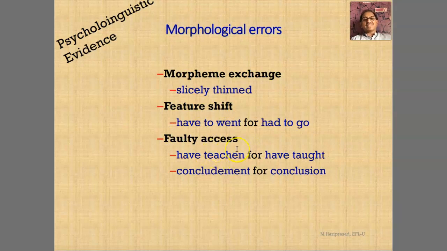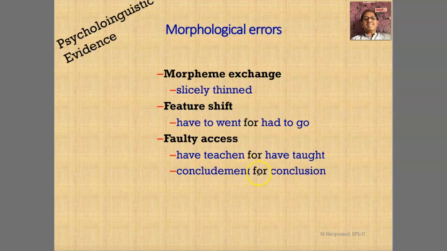Or faulty access. Instead of saying have taught, have teaching. And instead of saying conclusion, concludement. Right? Ment is also a nominal suffix. Shun is also a nominal suffix, but shun goes with certain verbs and ment goes with certain other verbs.